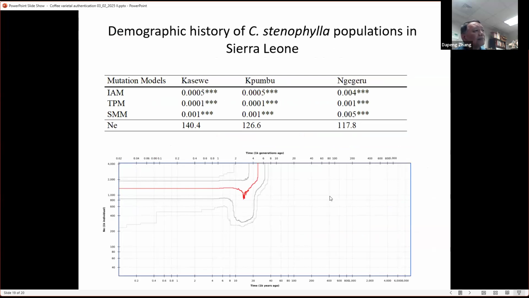And at the bottom, we show that a major bottleneck happened almost 25,000 years ago, during the last glacial maximum of the last ice age, which probably narrowed down the habitat of this species and reduced the effective population size from 4,000 to 1,000.